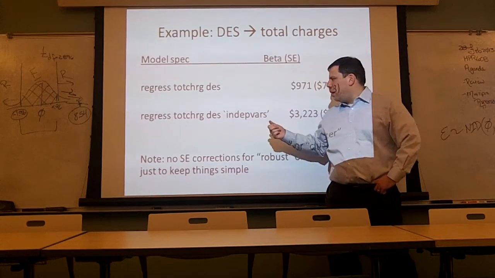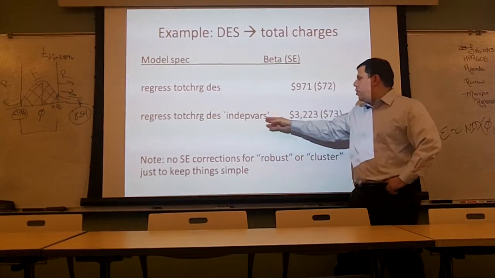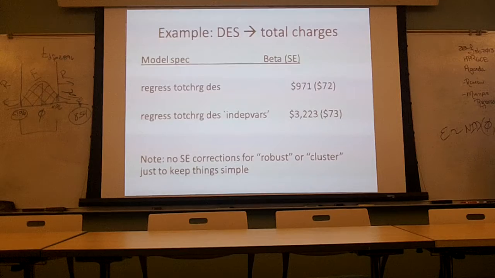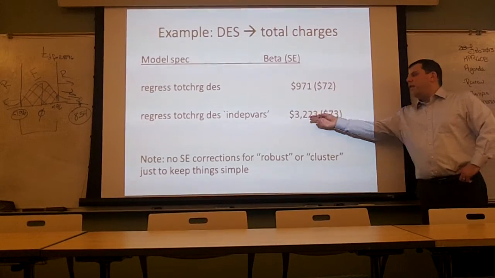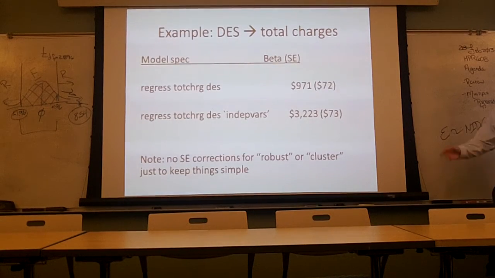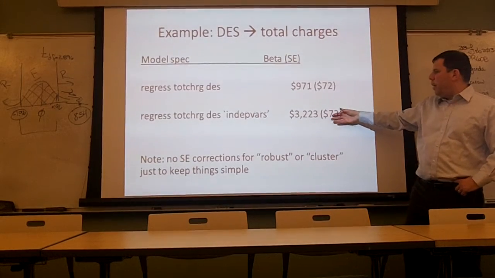Admission source, whether you were admitted on the weekend or not. We just regress total charges on DES controlling for these things. We find that the estimate rises substantially. Now, if you get DES, your charges are about $3,000 higher on average than patients who got bare metal stents, controlling for other factors. The estimate got much larger, and the standard error didn't get much bigger.